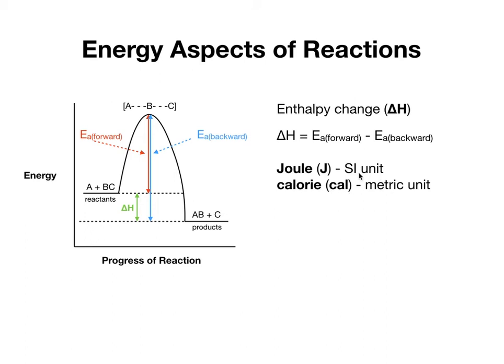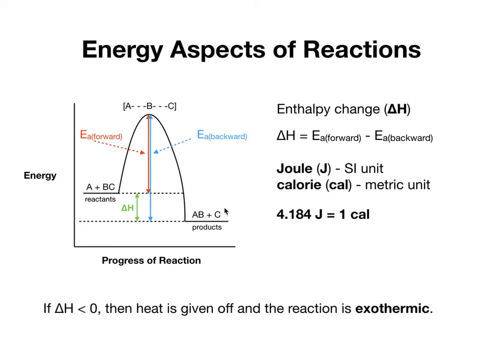And of course, you can use all of the SI or metric prefixes that you remember: kilojoules, kilocalories, megajoules, gigajoules. Okay. Now you're not going to need to memorize this, but this is the conversion factor in going from joules to calories. If you ever have to convert between these, 4.184 joules is equal to 1 calorie.